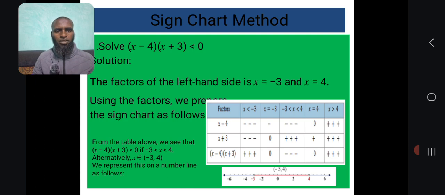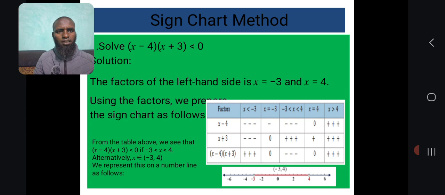Seeing the columns of the factors x minus 4 and x plus 3, we can multiply x minus 4 by x plus 3. In the column of x less than minus 3, we have negative in both factors, and negative times negative will give us positive in the product part.